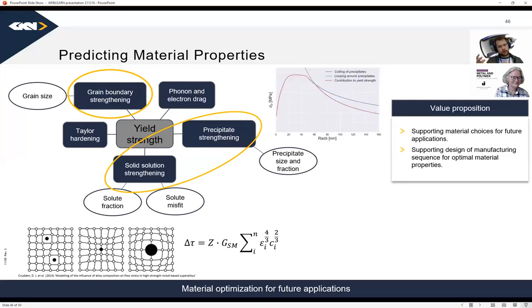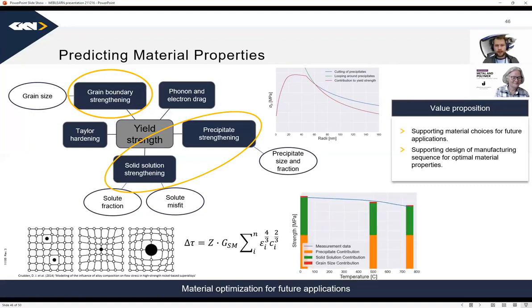And then when we talk about precipitate strengthening instead, we know that the precipitate sizes and their volume fraction have a huge impact on the strength of the materials. We have implemented a few models for that as well, trying to understand how the precipitates affect the strength of the alloy.